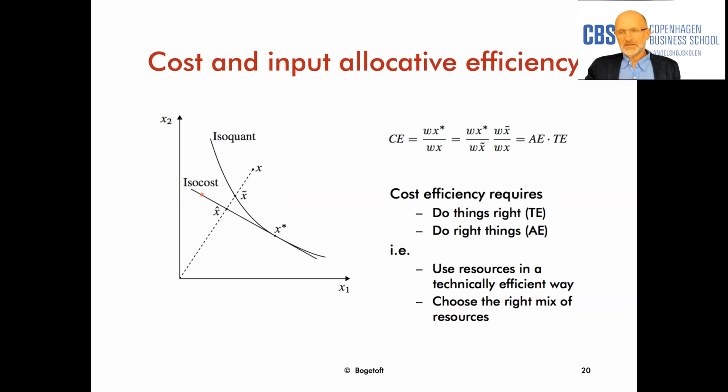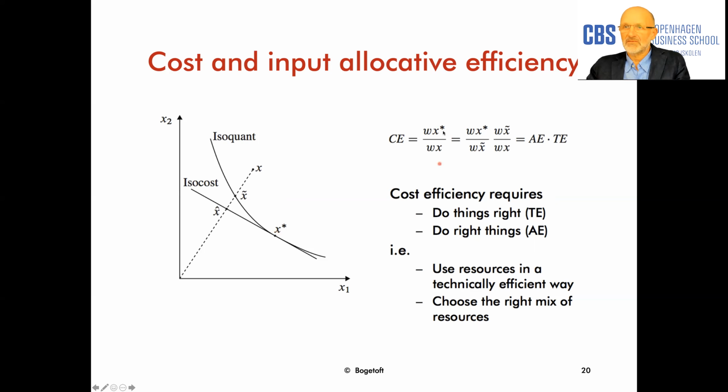So cost efficiency is really the cost of my present input mix compared to the cost of the minimal cost input mix. It is always on the input side; we always say, what is the minimum compared to the actual level? So it is the minimum cost, which is W, the price vector for inputs, multiplied by X star, divided by W multiplied by X. So that's cost efficiency.